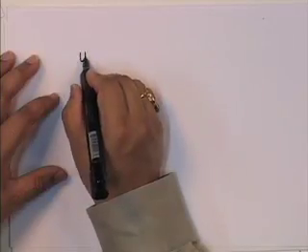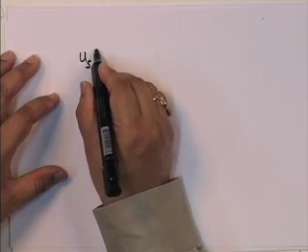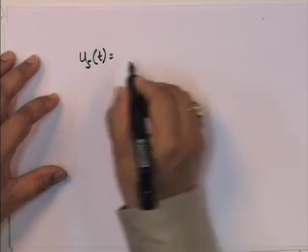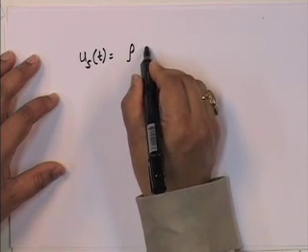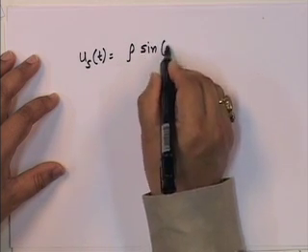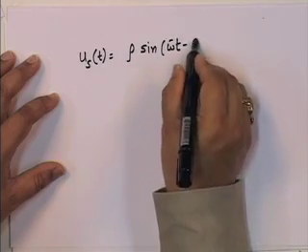Now, this is what the mathematics tells us. Is there a physical aspect to this particular thing? For this we need to go back to the fundamental aspect of what is u_s. u_s of t is rho sine omega bar t minus theta.